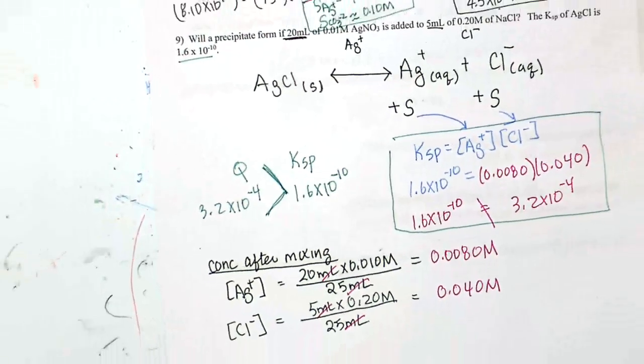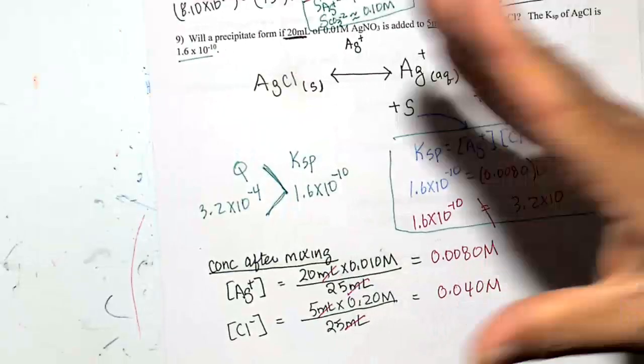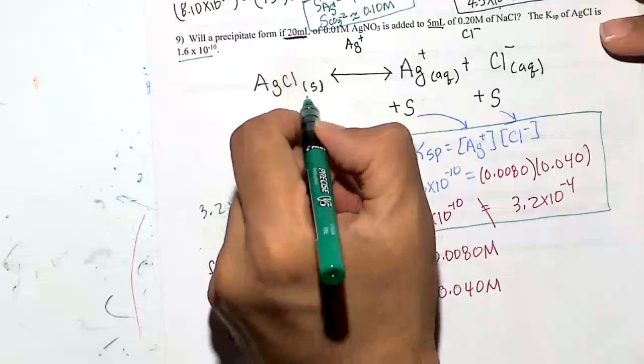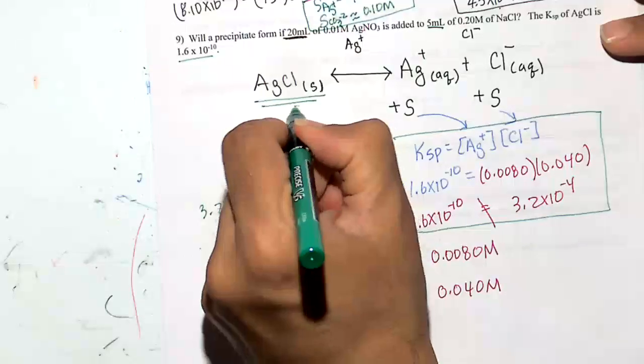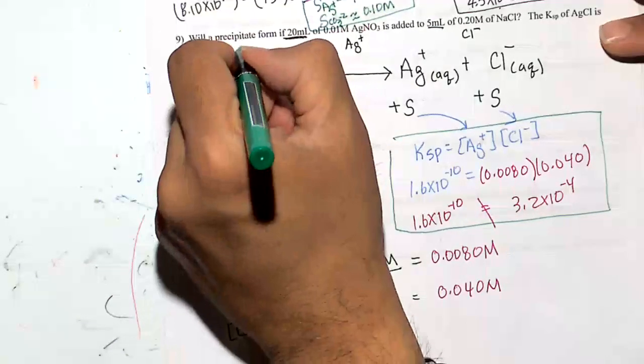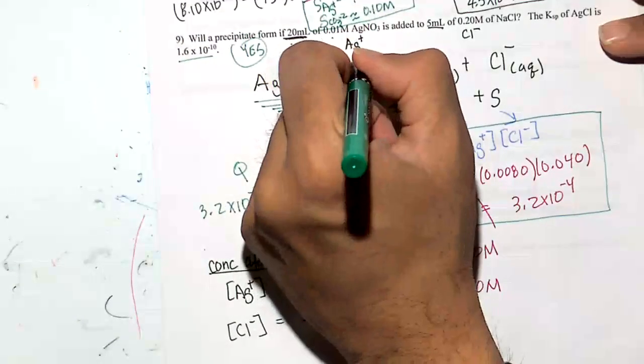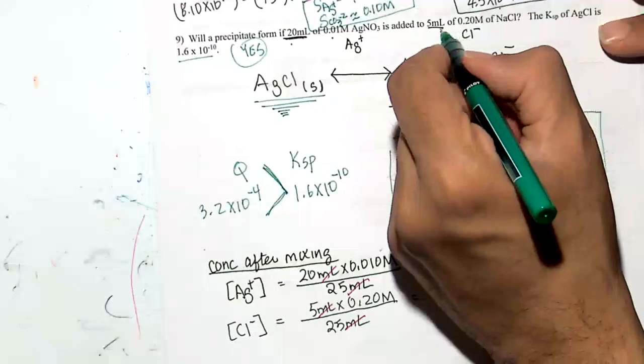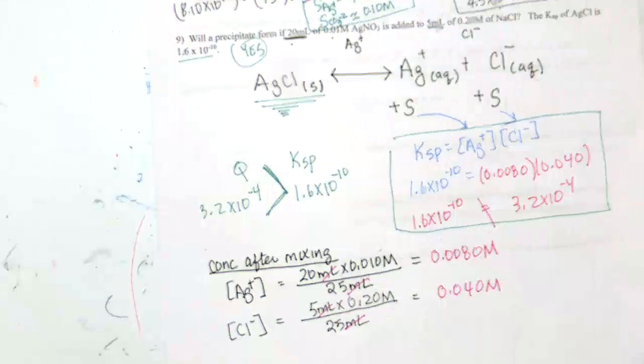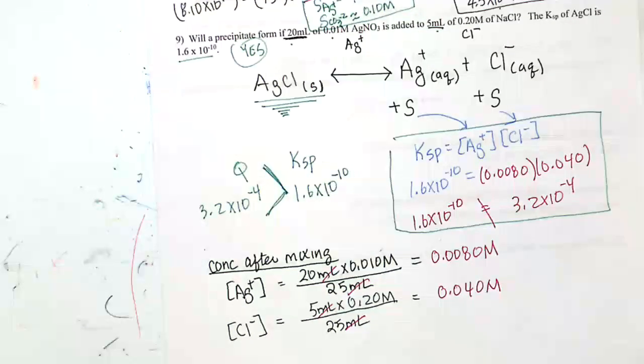Which way will the reaction shift? Where do the alligator jaws point? This way, so they point towards the solid, and the answer is yes. A precipitate will form when you combine this volume and this concentration of Ag+ with this volume and this concentration of Cl minus.